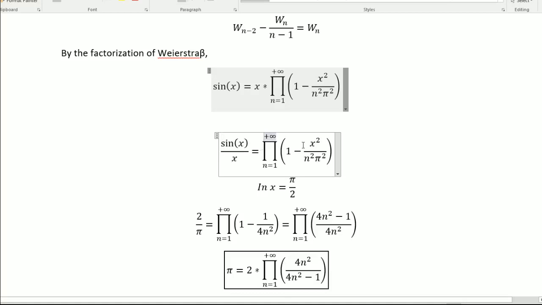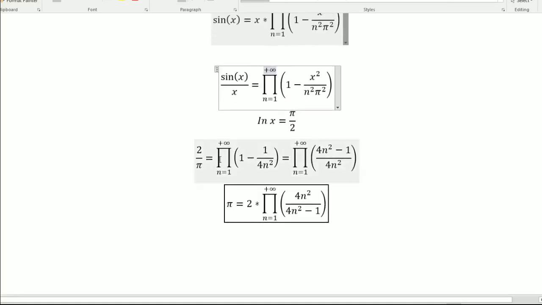So you do that here and you simplify. Here pi squared over 4 divided by n squared pi squared. The pi squared simplifies, and then you get 1 minus 1 over 4n squared.